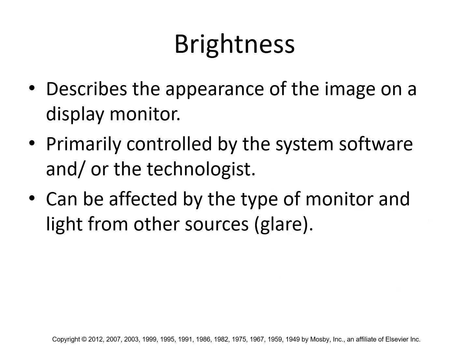All right, brightness. Brightness used to be controlled by KVP and mass, in particular mass. Okay? Brightness is now controlled by the system software. So you don't have to adjust KVP and mass if your image is too light or too dark. You can actually tweak that just like you do on Instagram.